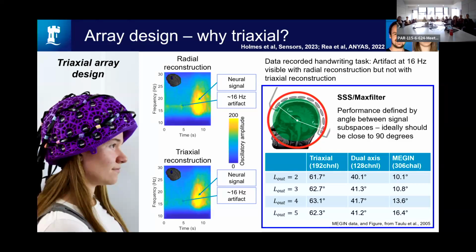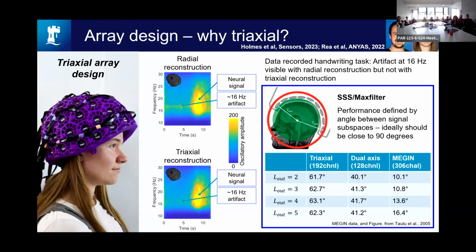You can decompose the signals that we measure at the sensors into a set of signals that come from the brain and a set of signals that come from outside the brain.